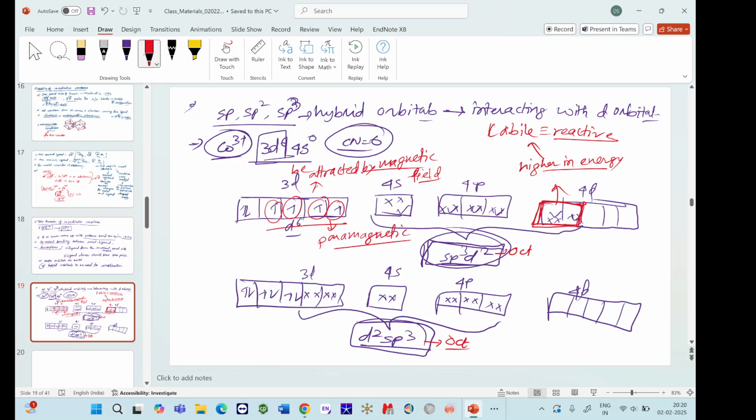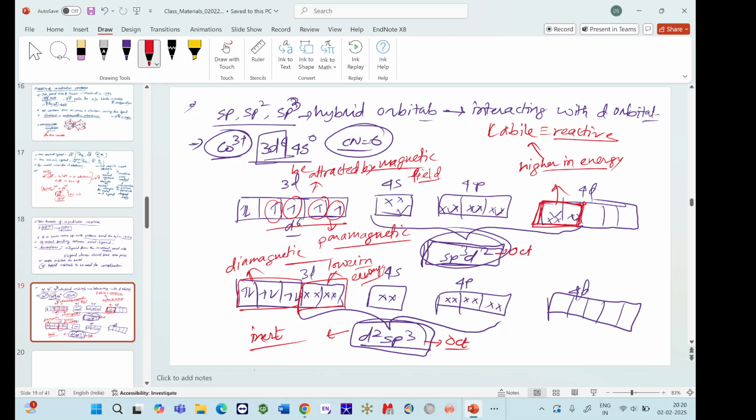If you have unpaired electrons in this situation. For the second scenario, you don't have any unpaired electrons, all are filled up. So this will not react to any external applied magnetic field. This will be called diamagnetic. And as the inner d orbital is used, this is lower in energy. So these complexes are called inert.